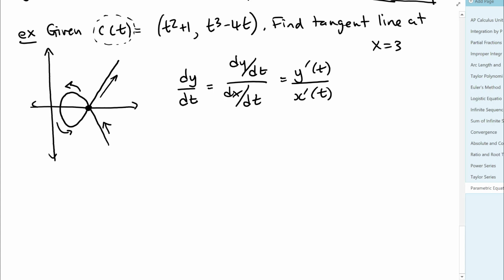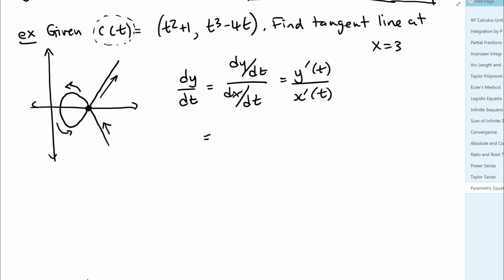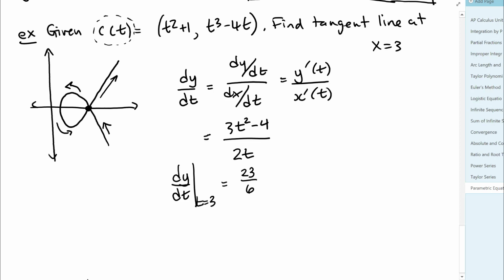And so if I do this, then the derivative of the y component is 3t squared minus 4, and the derivative of the x component is 2t. And now I can simply say, well, what is that evaluated when t is 3? And so I get 23/6.